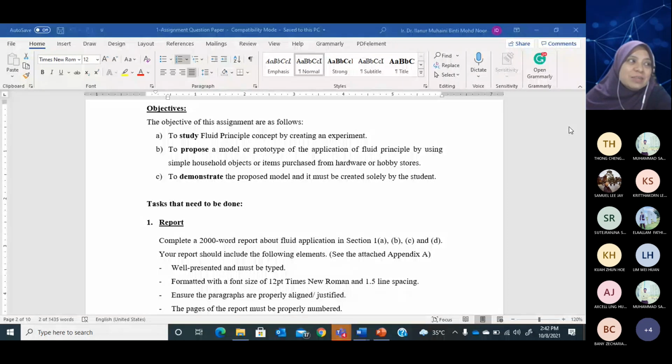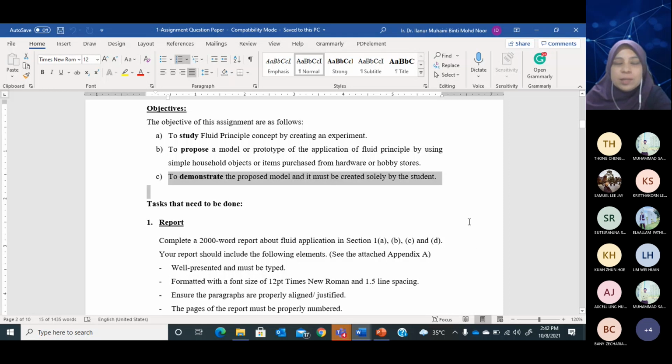Okay, next number C. To demonstrate the proposed model and must be created solely by student. How I know student do or mother do, I also don't know, right? But during presentation, you must be confident when you present.